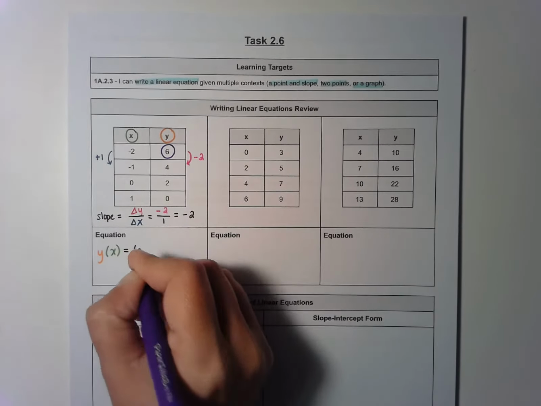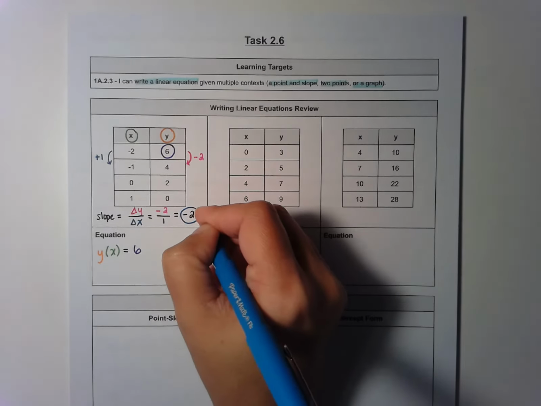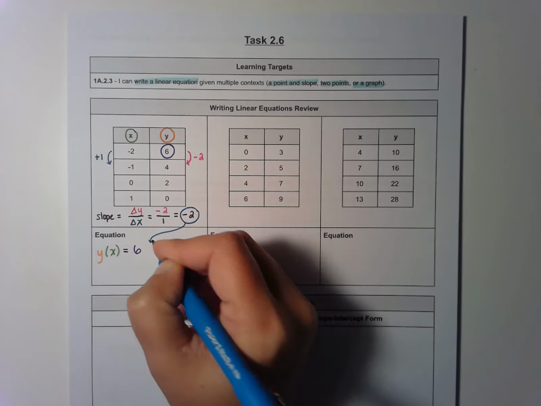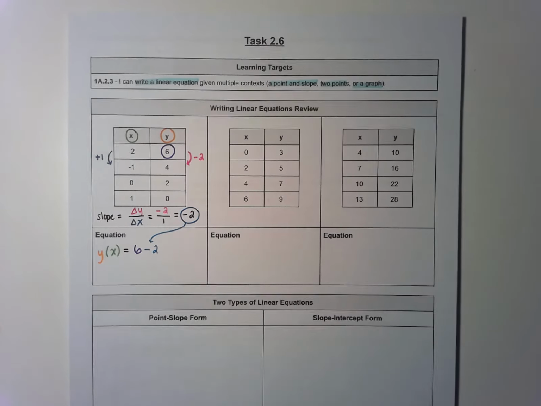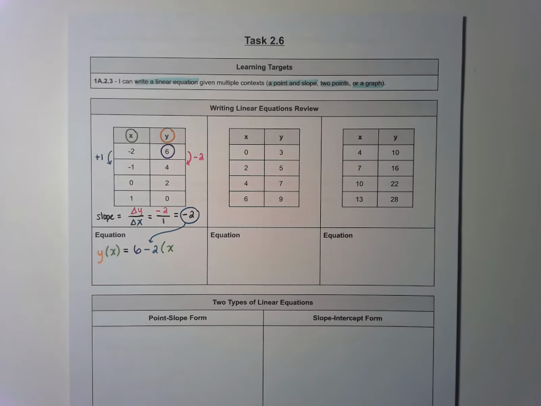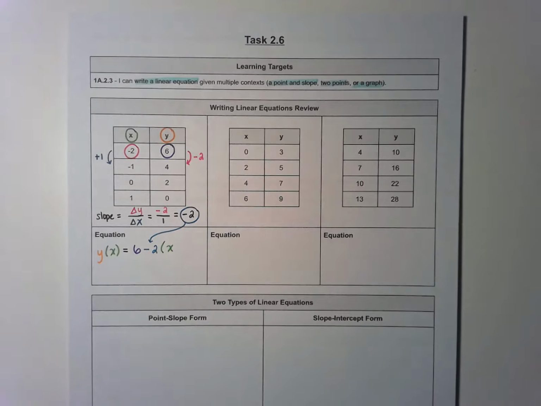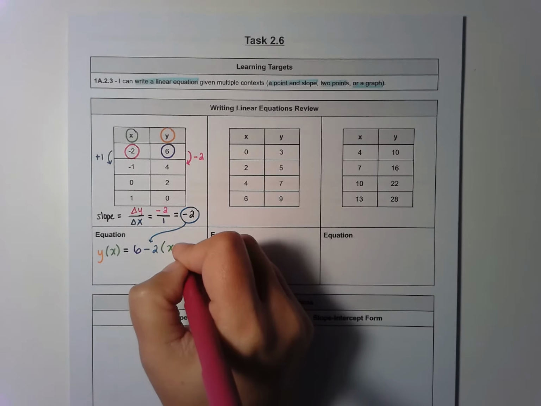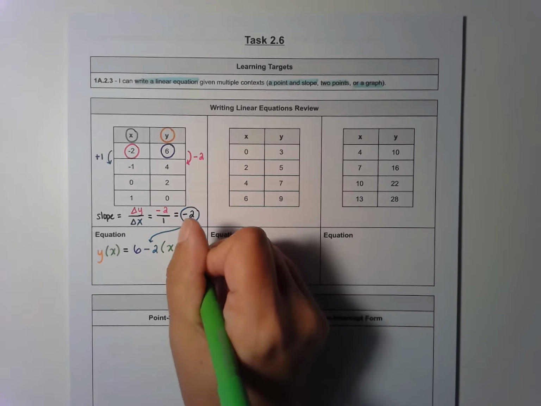So we would start with 6. And then we need our pattern. Our pattern this time is going to be our slope, which is going to be -2. And then parentheses x. And then we need our starting input value, which is -2. We need to get back to 0. So instead of just x, it would be x plus 2. And that would be your equation.